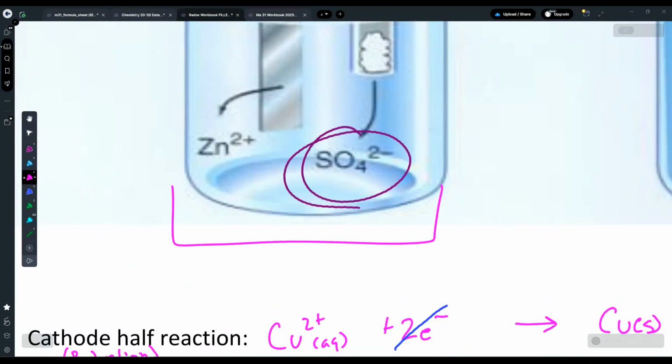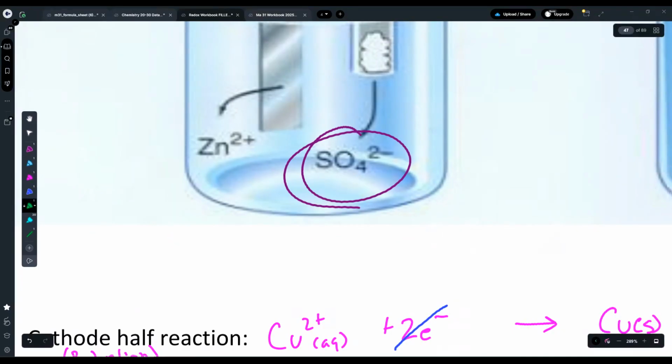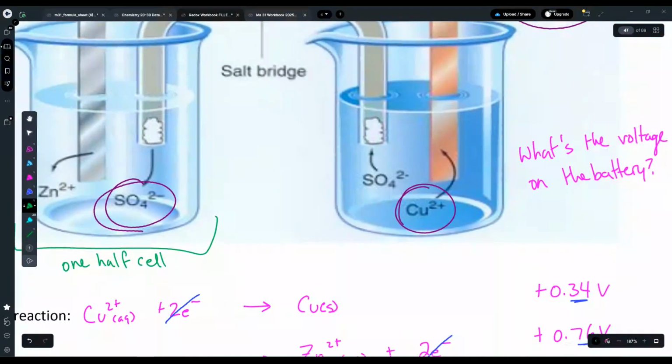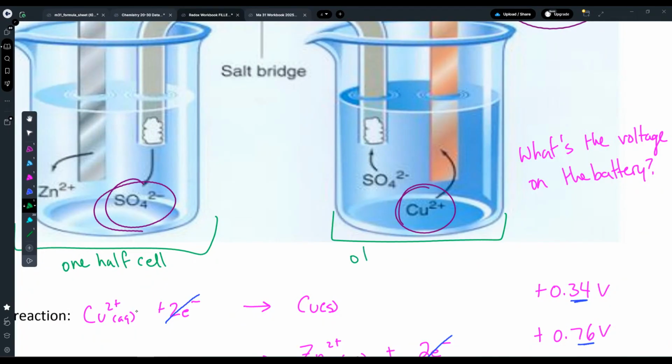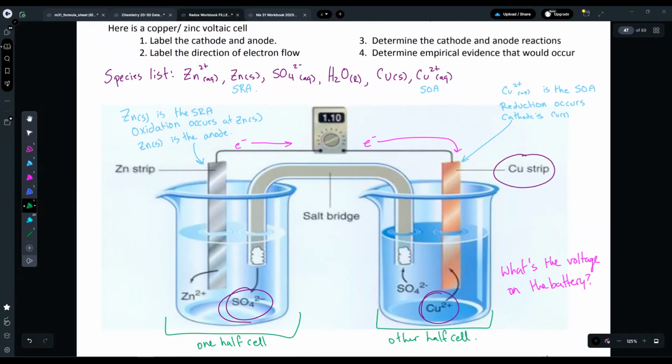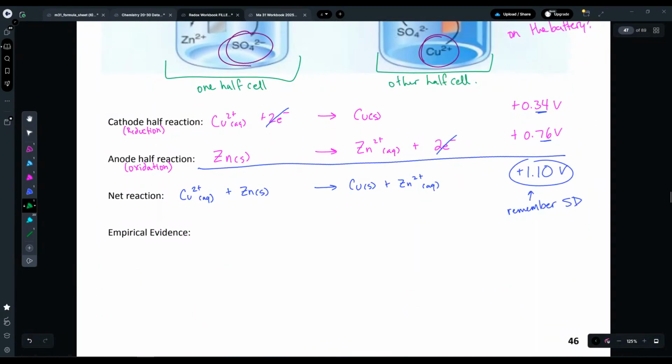So, this would be where 1 half cell is. In order to determine the empirical evidence, if you look at this, what are you going to see? Part of that can be figured out just by checking out your net reaction.